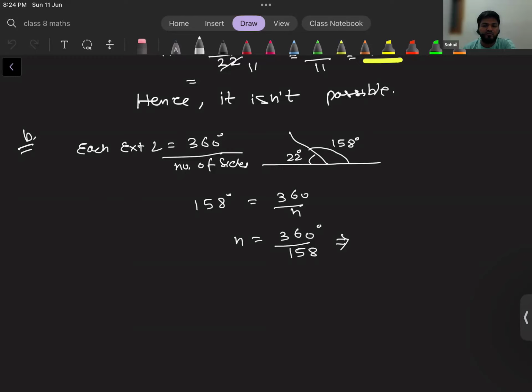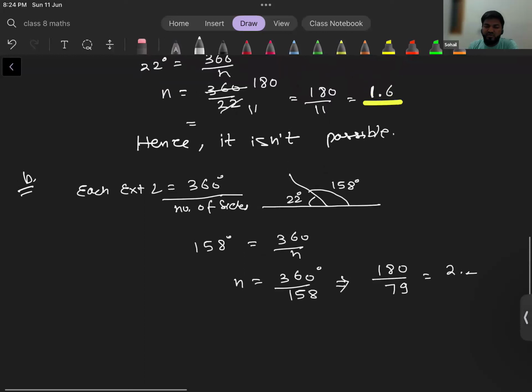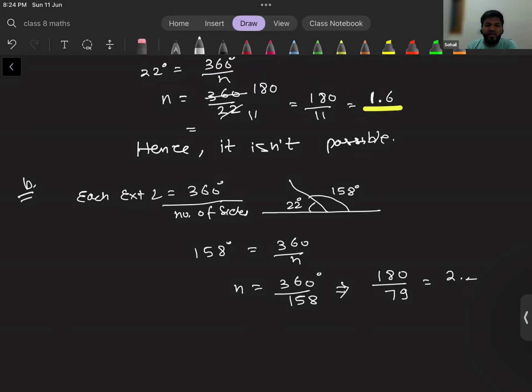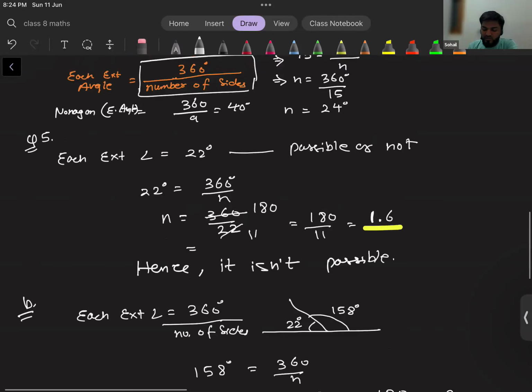Yes, it also comes in decimal. 180 upon 79, so it will be 2 point something. Obviously the answer comes in decimal. Hence it is not possible because the number of sides cannot be a fraction. It has to be 1, 2, 3, in full whole numbers.